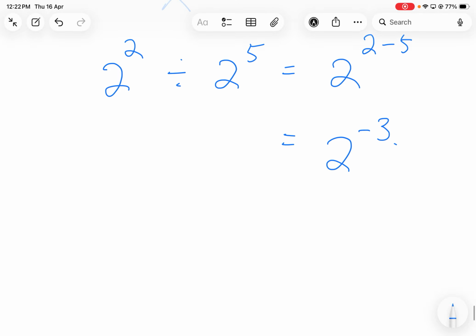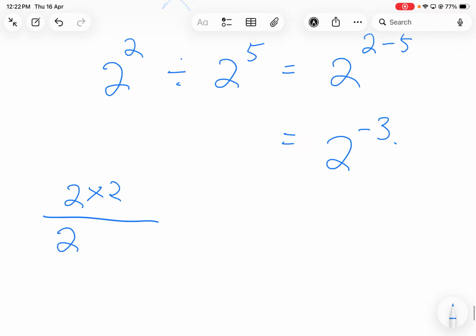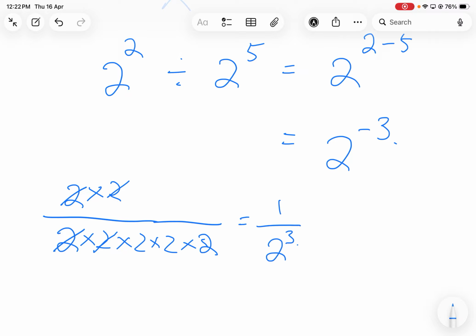But in actual fact, what is happening is 2 square is divided by 2 to the power of 5. When I cancel away 2 from here, 2 from here, I will have 2 to the power of 3 in the denominator. What I wrote in the first line is 2 square divided by 2 to the 5.